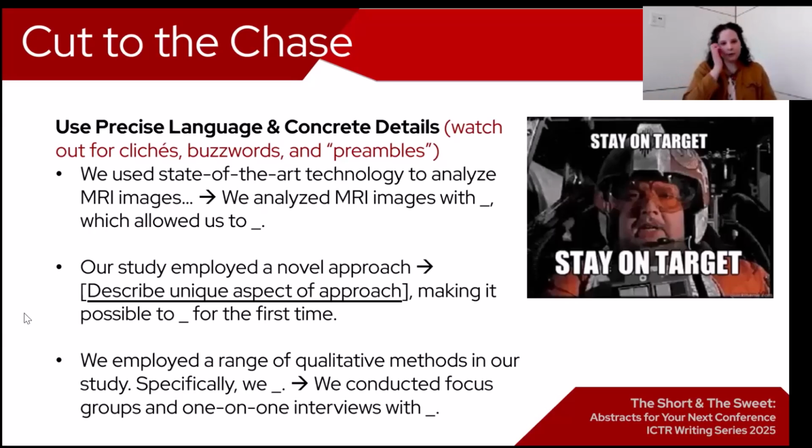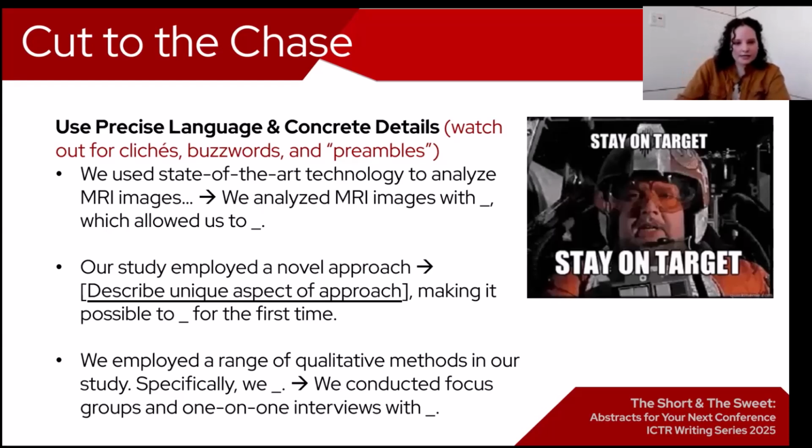In the second example, "our study employed a novel approach." Instead, just describe what was unique about it and then what that made possible for the first time. You don't need to label it as novel if you can just say what makes it novel, because that's what people will be interested in anyway.